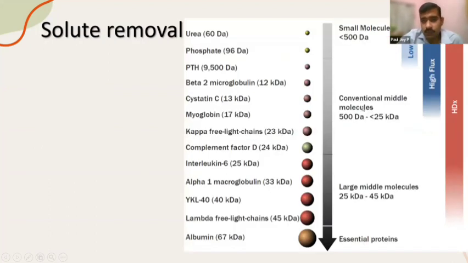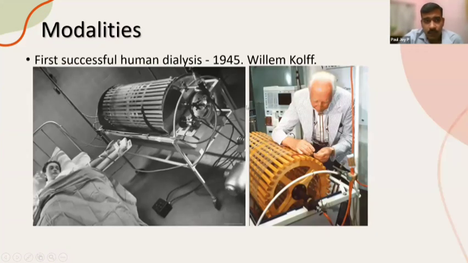Now, the solutes that are removed during a dialysis therapy can be divided into small molecules, middle molecules, large middle molecules, and essential proteins. In all dialytic therapies, the usual small molecules, urea, phosphate, and creatinine are removed, and in convective therapies, the middle molecules are also removed, which commonly include beta-2 microglobulin, inflammatory markers, and myoglobin.